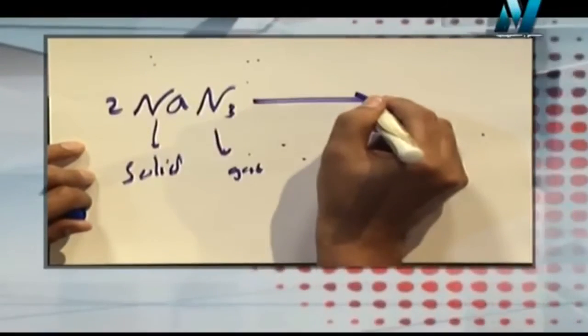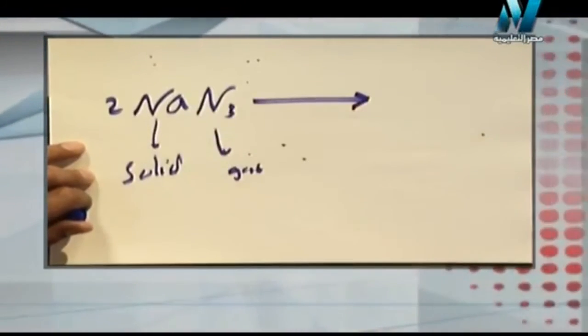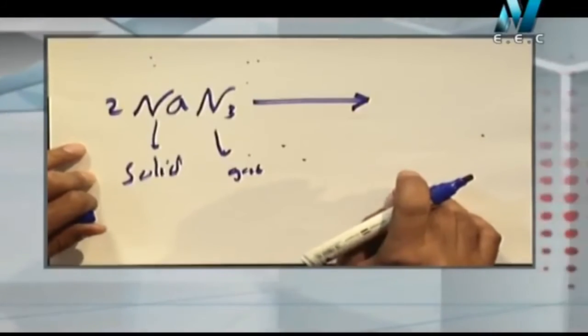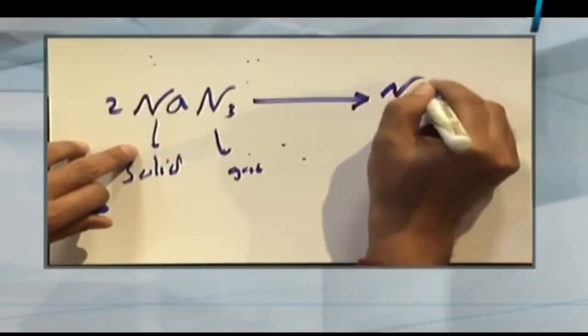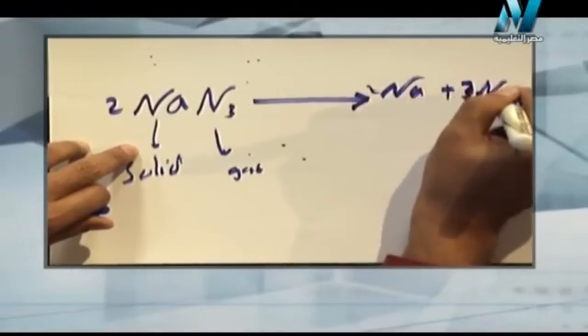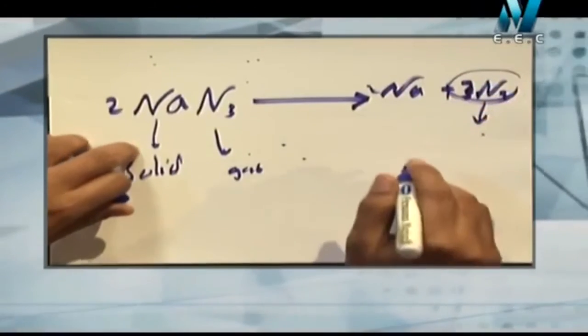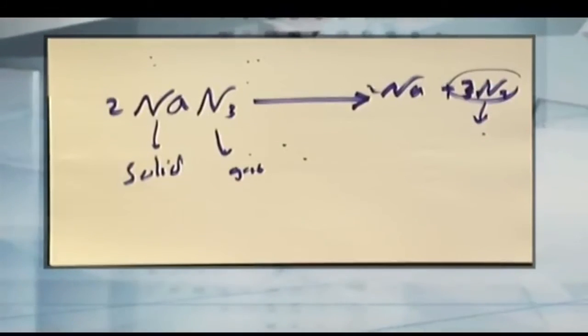Here we use an electric spark, not thermal decomposition, we decompose not by heating. It decomposes into 2Na and 3N2. So N2 is a gas, it fills the bag. Thank you, Mr. Wael. It protects the driver from any accident.